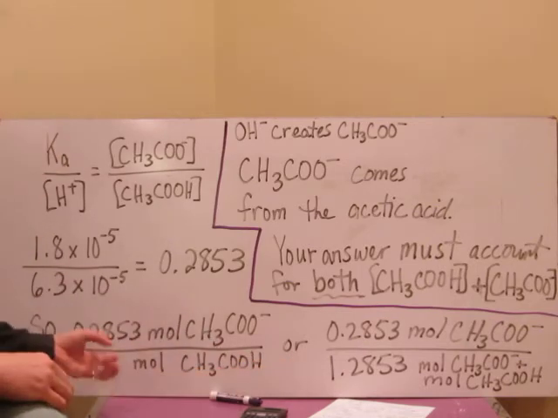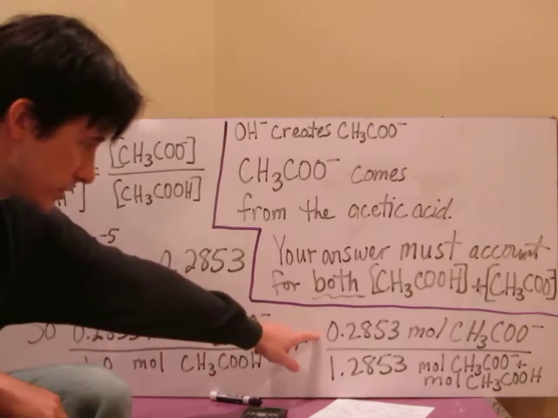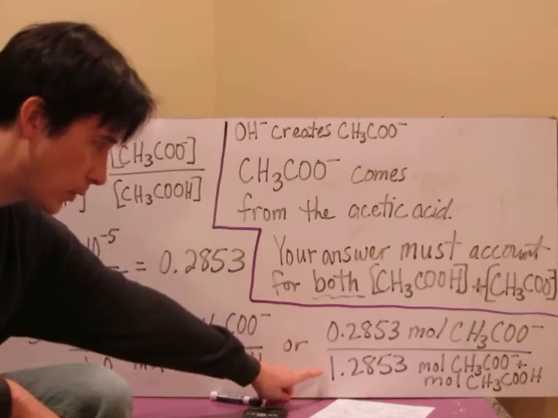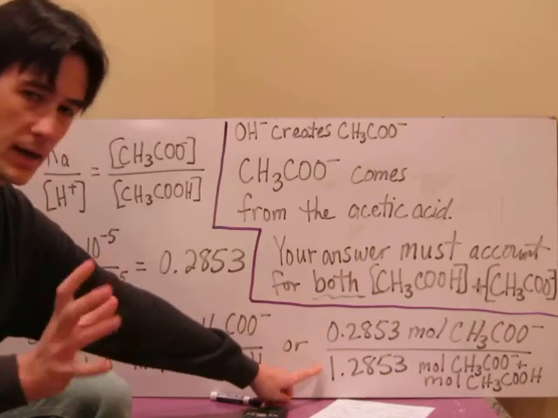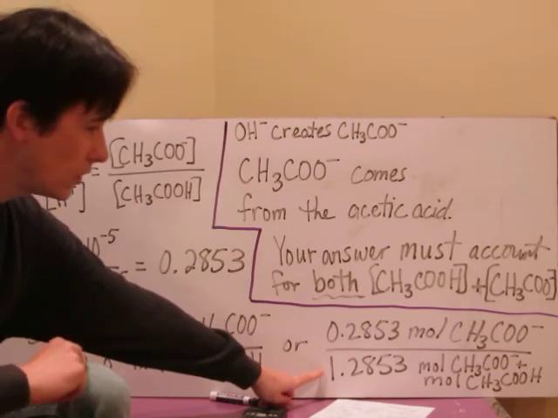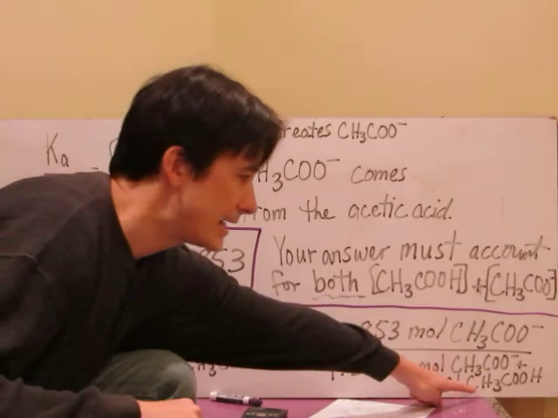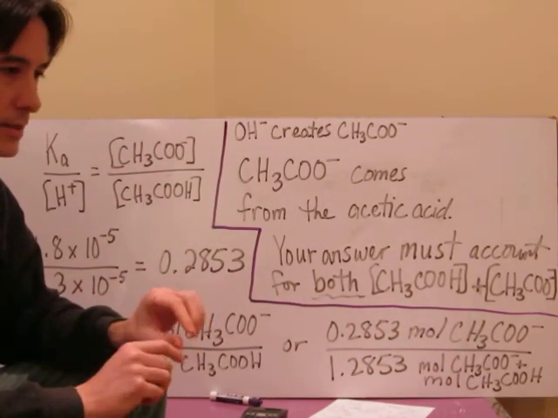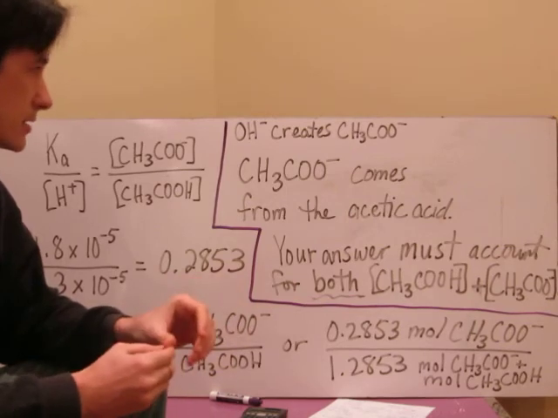Written another way, because we can sum that up, 0.2853 moles of acetate per 1.2853 moles of them combined. This is important because all of the acetate and acetic acid comes from the solution that you're adding. It comes from that glacial acetic acid that they're asking you about.